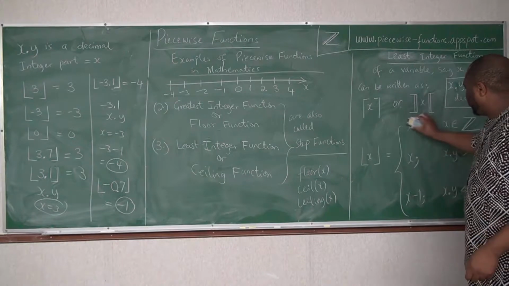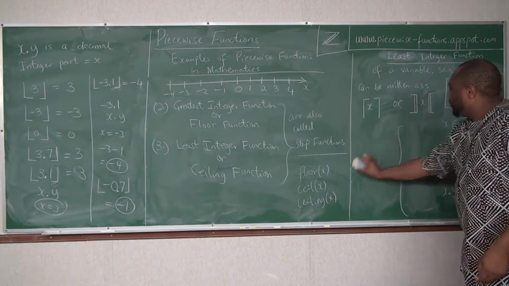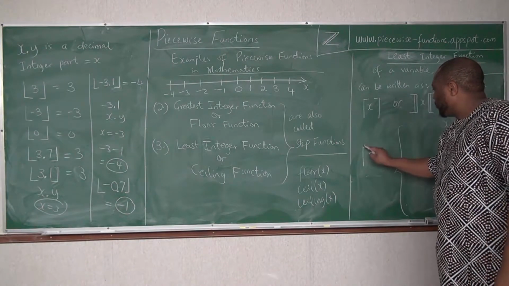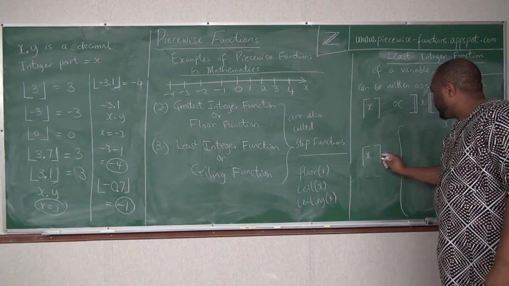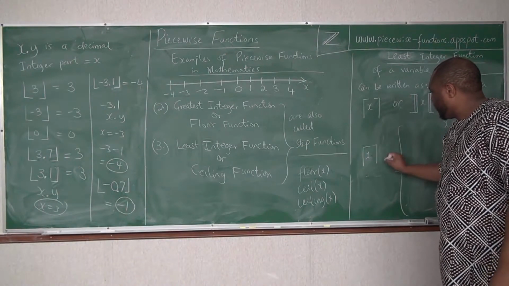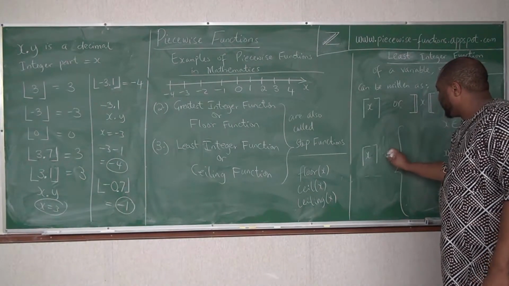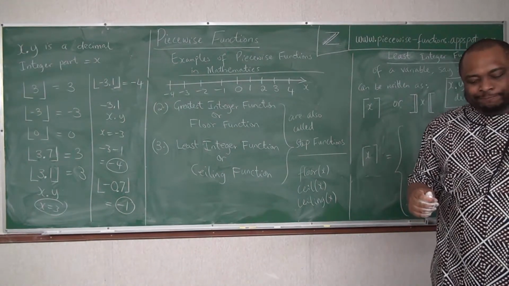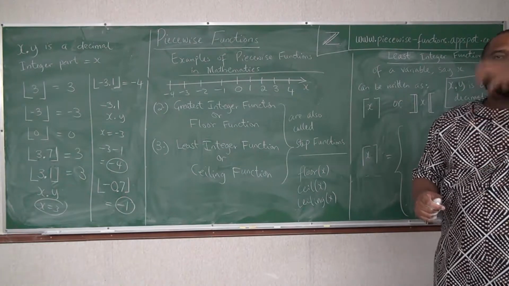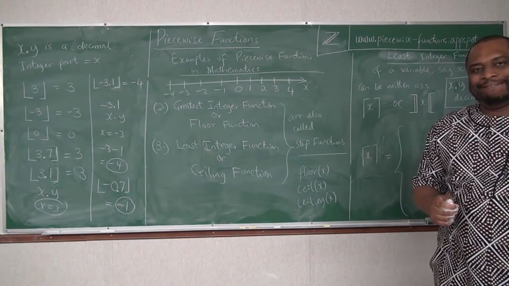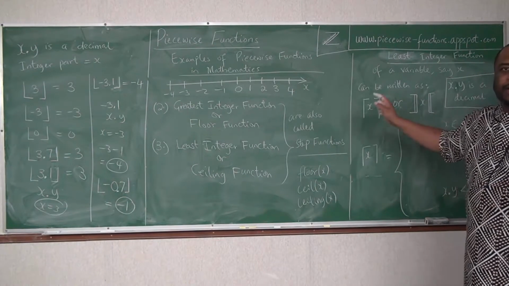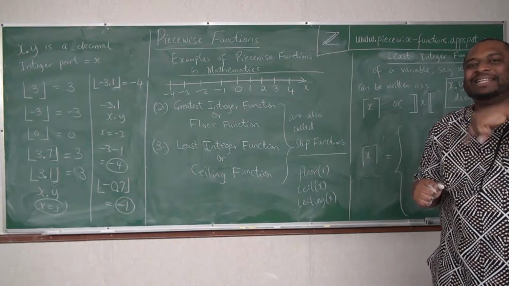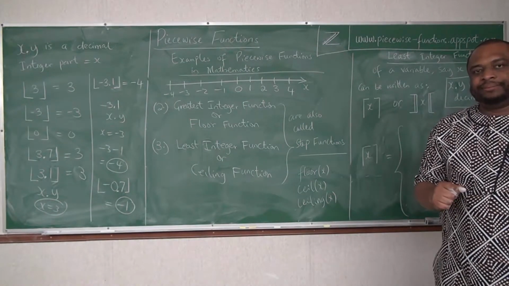Now let's go ahead and define this least integer function, ceiling. The least integer function of x is defined as the least integer that is greater than or equal to x.